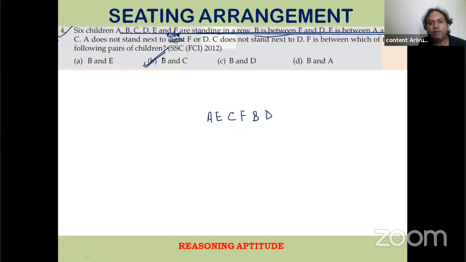B and C. F is between B and C. Question 4, the answer is B. B and C. Is it clear?